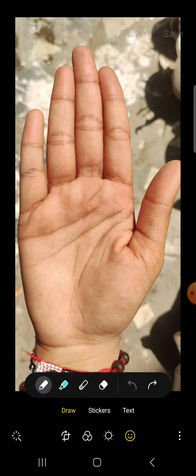Now, a person's heart line that curves sharply up towards the Saturn finger, or the middle finger, is someone who can be quite easily preoccupied with the physical form, shall we say.